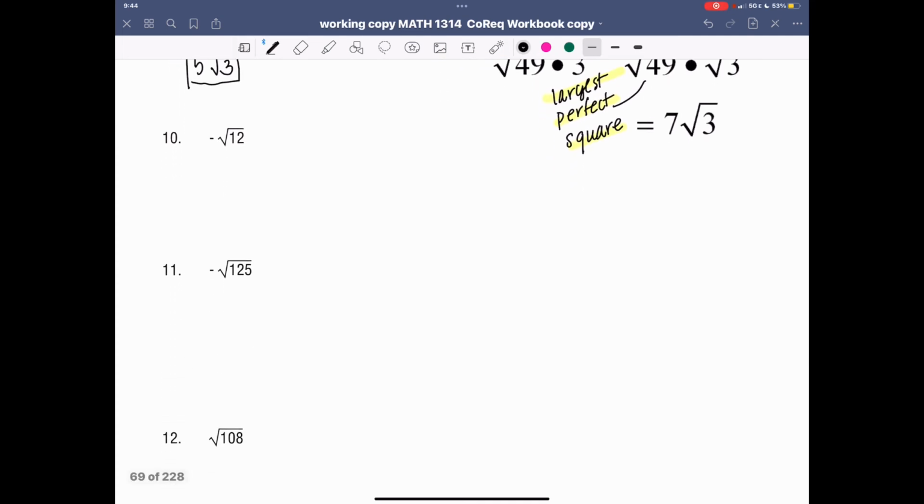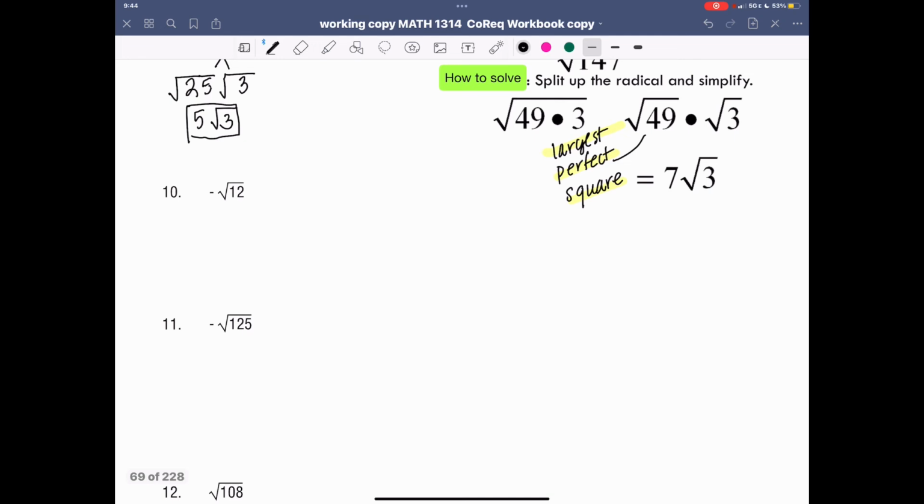Number 10 shows us a negative square root of 12. So this is like a -1 being multiplied by the square root of 12. We're still going to find the factors that go into 12, one of them being a perfect square. So I know it's going to be 4 and 3.